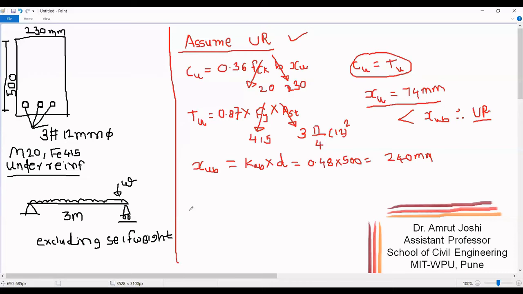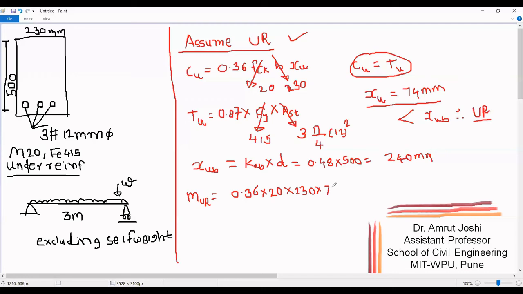Now, once we know that it is under reinforced section, let me calculate the moment of resistance of this section, Mur. This must be equal to either Cu or Tu. So I will write down 0.36 fck, that is 20, b, that is 230, xu. Now xu we have already calculated. We have to take that value and not xu for balanced section.